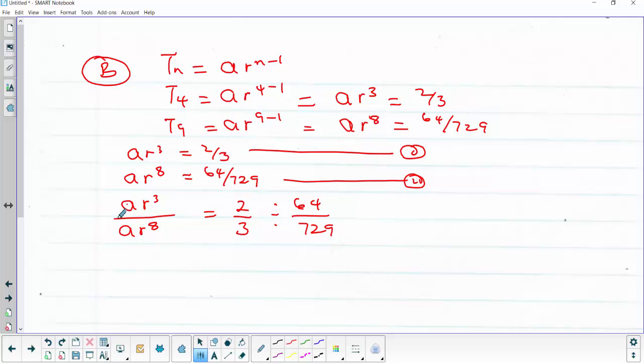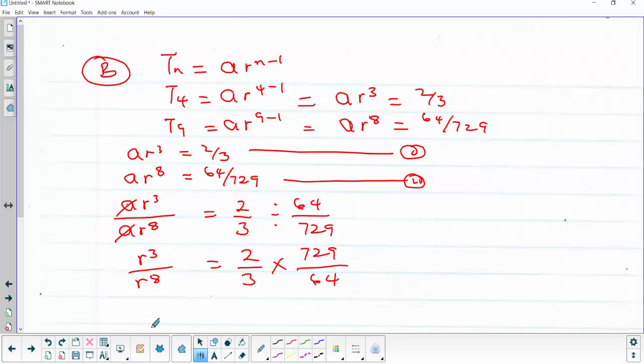Now we can see that A cancels. We are going to have R raised to power 3 divided by R raised to power 8 equal to 2/3. We need to change this sign to a multiplication sign. Immediately you change it to multiplication, you must invert the fraction: the denominator becomes the numerator and the numerator becomes the denominator. We are going to have 729 divided by 64.